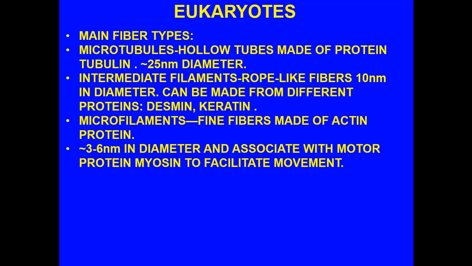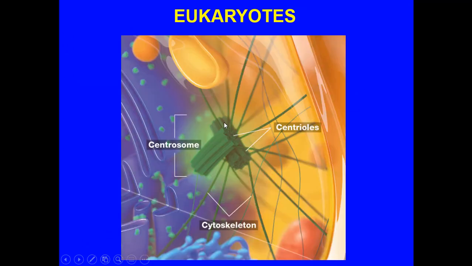So actin protein, the microfilaments, are going to be anywhere from 3 to about 6 nanometers in diameter. A lot of times they're associated with the motor protein myosin to facilitate movement. Here is my centrosome and my centrioles and my cytoskeleton elements out. And you can see how they spread out and will basically help reinforce the shape of the cell.